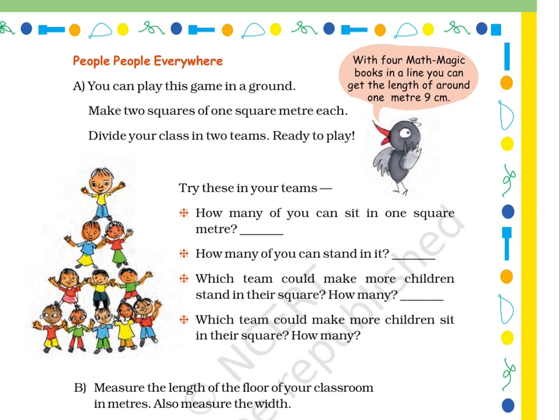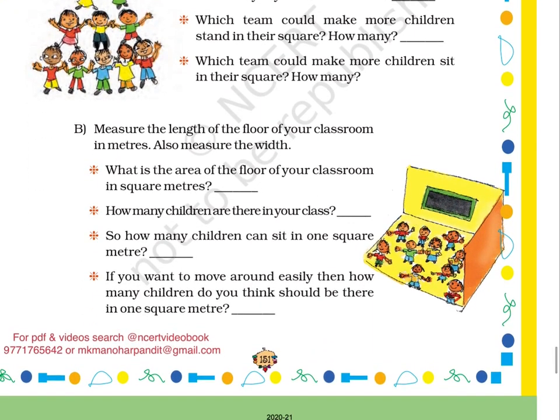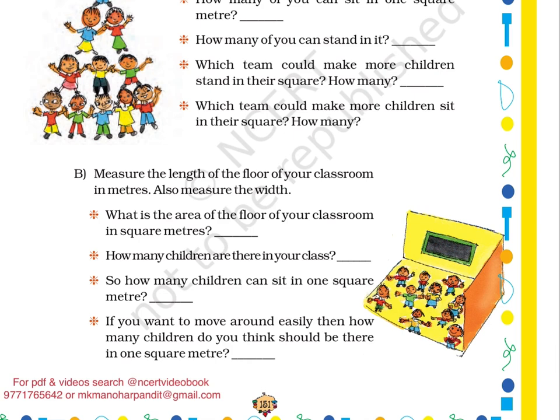B. Measure the length of the floor of your classroom in meters. Also measure the width. What is the area of the floor of your classroom in square meters? Dash. How many children are there in your class? Dash. So, how many children can sit in 1 square meter?